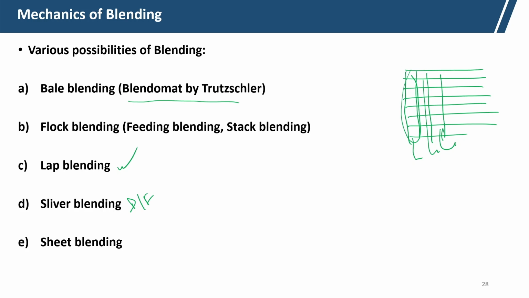Sheet blending. In the sheet form blending takes place, maybe in the scutcher, we use this one. Stock or combed sliver blending.